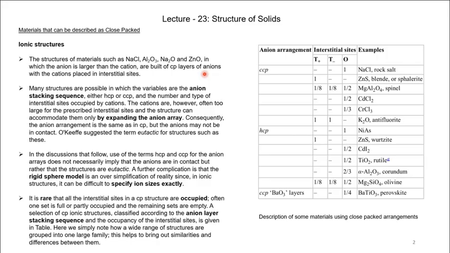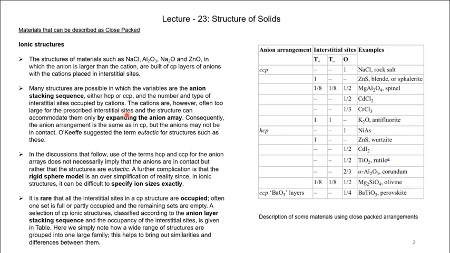Then we were talking about close-packed structure, the hexagonal close-packed structure or cubic close-packed structure, and we also talked about interstitial sites in these close-packed arrangements.